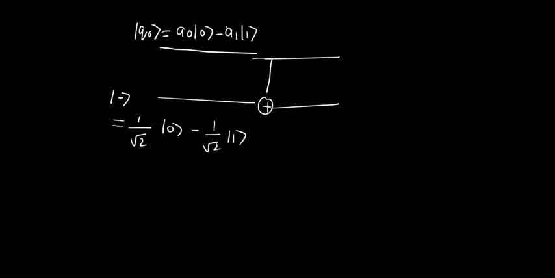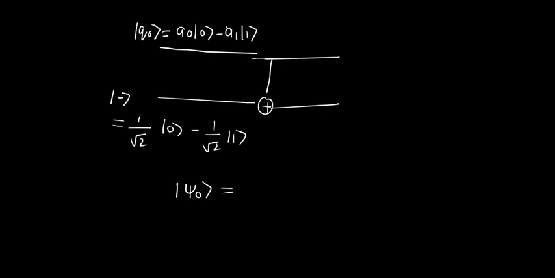Now we jointly pass it through the CNOT gate. Of course, you can first write the initial composite state and then apply CNOT. Or another way is to use the CNOT matrix. This is up to you.